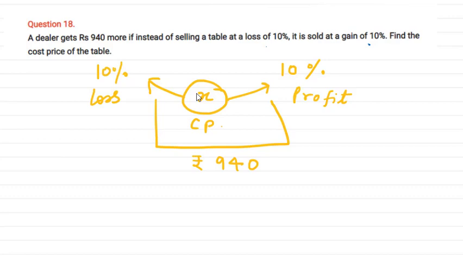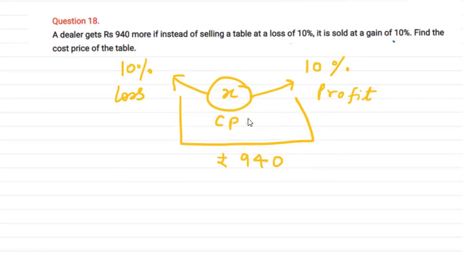Okay, so this is the meaning of the question. Means if the article is sold at 10% profit instead of 10% loss, then the difference between these two will be 940 rupees. So here you have to find out the cost price of the article.